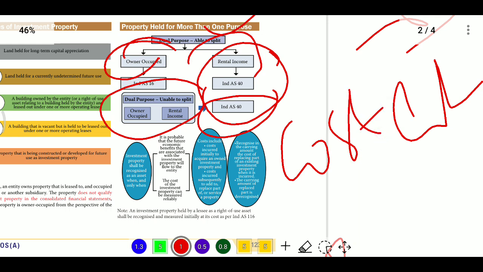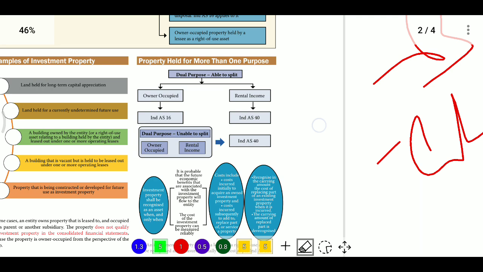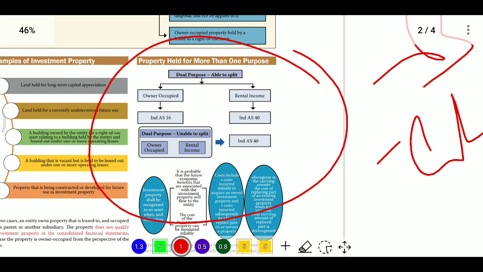For investment property held by an entity as a lessee, the right of use shall be recognized and measured initially at cost as per Ind AS. Now, for example, the same as we have explained, property used for both purposes. If some portion of the property is held for business, that is owner occupied, and some portion is held for rentals, then if the entity is able to split, we need to split it.